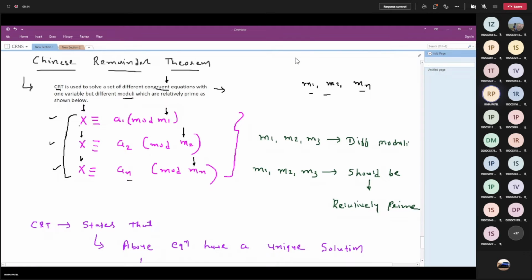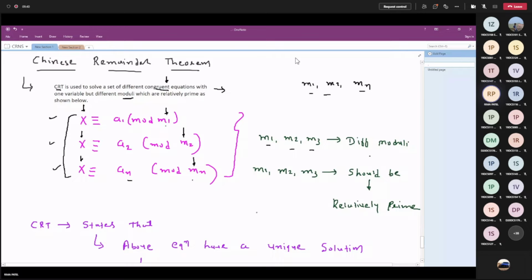So x is one variable, but now we should have a unique solution. But you will get a unique solution if and only if your m1, m2 and mn, let's say I'm having three equations, m1, m2, m3, each of these should be relatively prime.